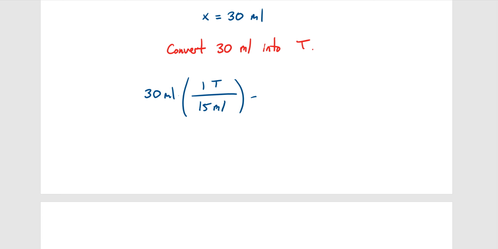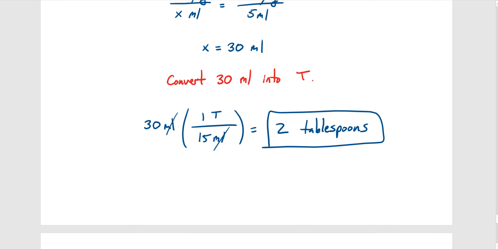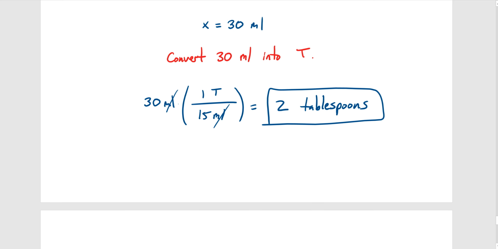So that's going to cancel the milliliters. 30 times 1 divided by 15, that's 30 divided by 15, which is going to give us 2 tablespoons. Okay, so a couple extra steps in that one, but still very doable. Okay, so that is it for this chapter.